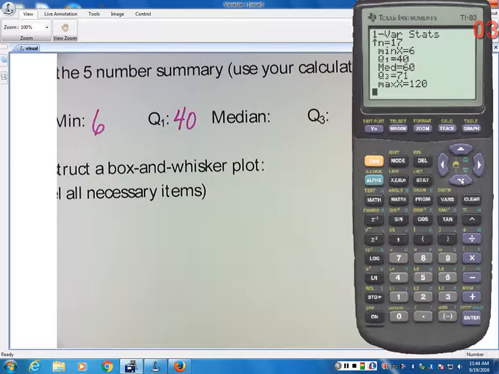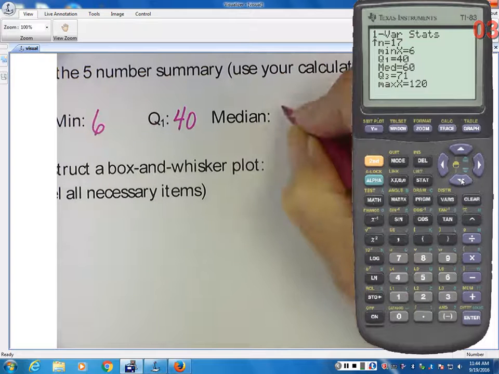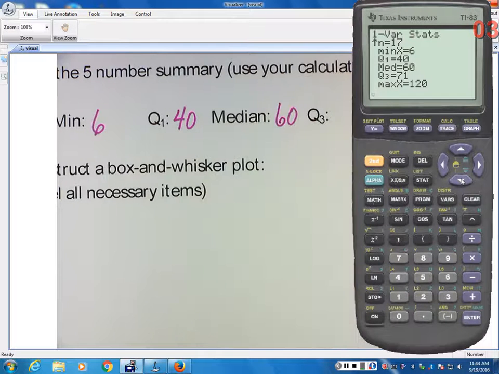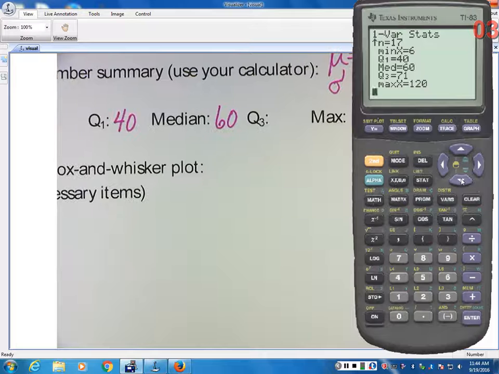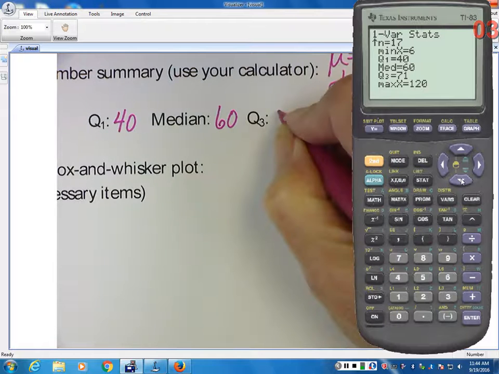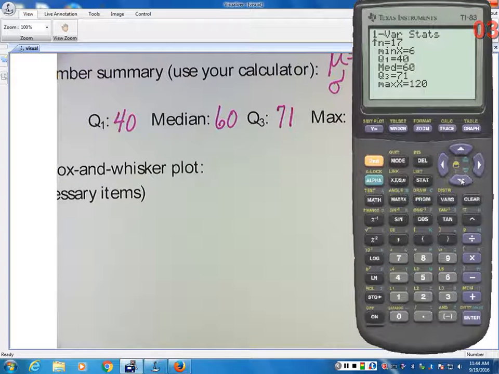Then the median is 60. So the Gemini goes 60 miles per hour, and the Mantis goes 60 miles per hour. So those are the ones that are typical as far as being the median is concerned. And then the third quartile is 71. And 71 actually isn't any of the roller coasters themselves.